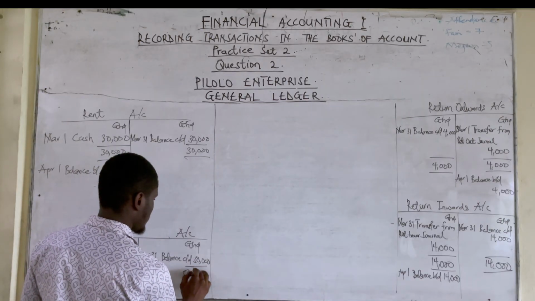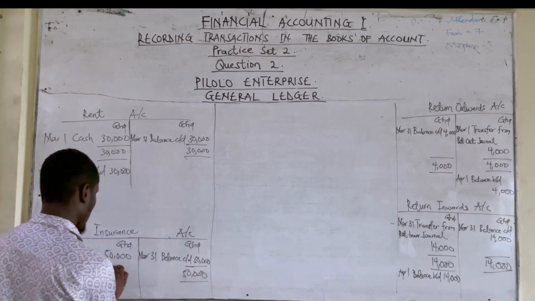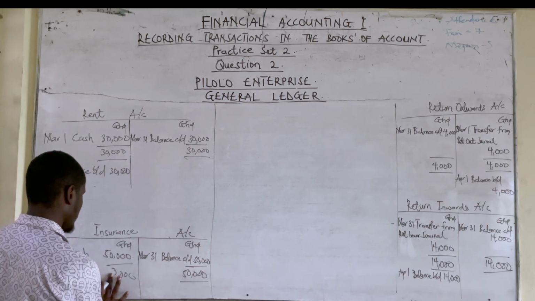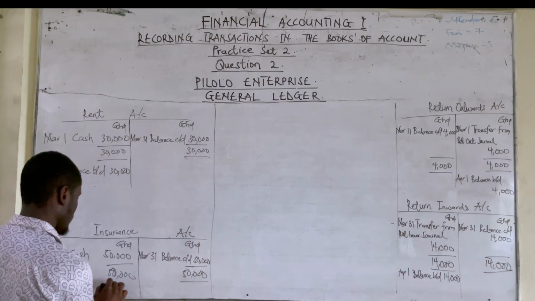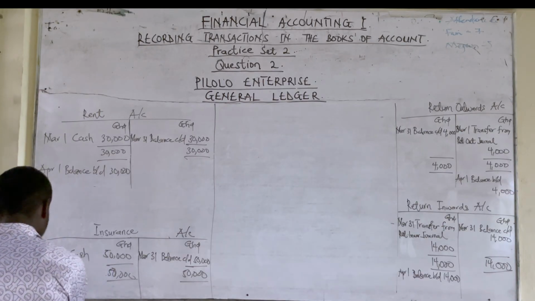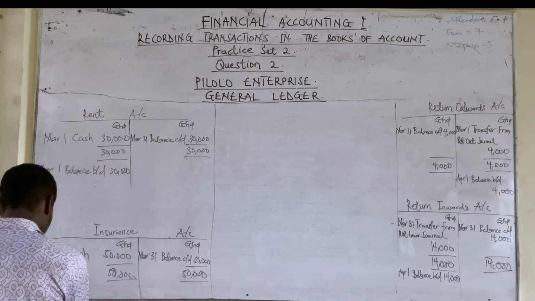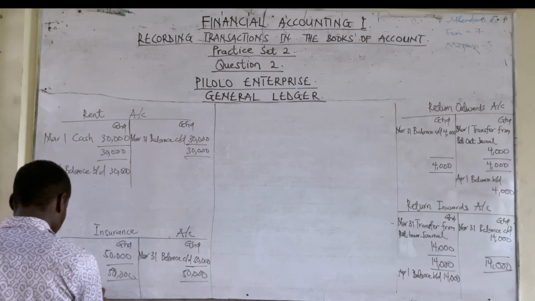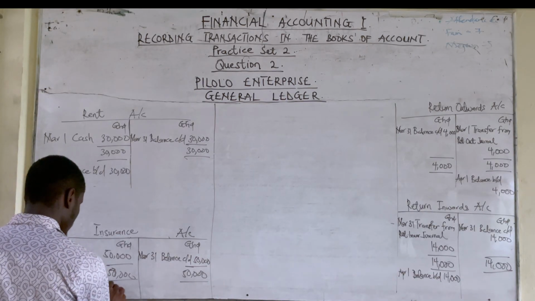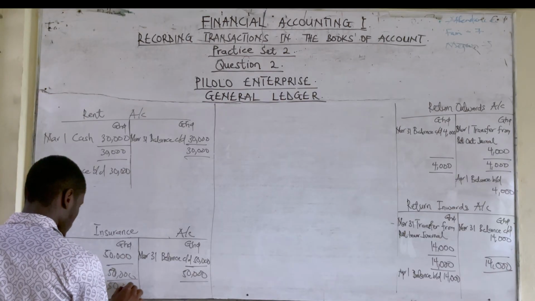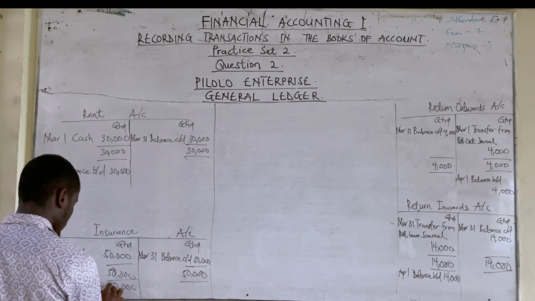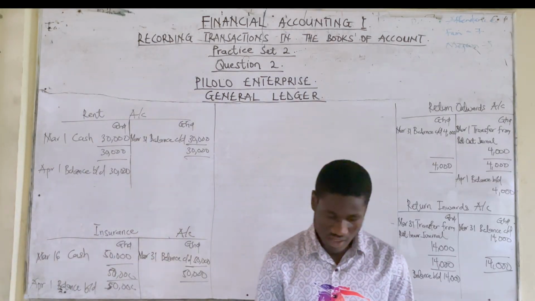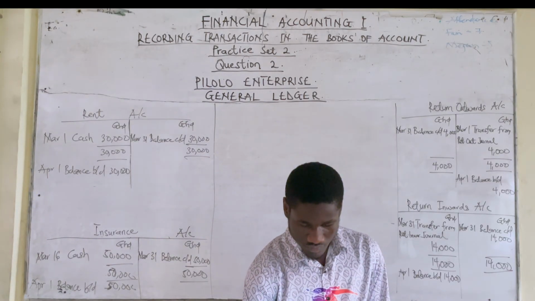So 50,000. So it will come here, April 1st, balance BD 50,000. Good. So we open the other accounts left.